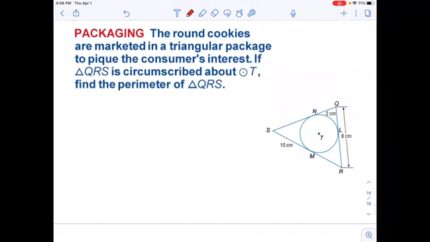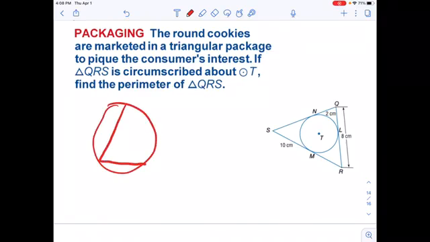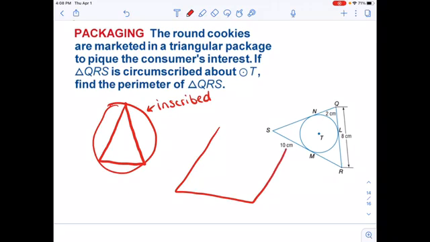So real quick, I want to point out that we had been talking about inscribed shapes, where the shape is inside the circle. Now we have circumscribed, which is a shape, and it doesn't even have to be a triangle, that is around the circle.